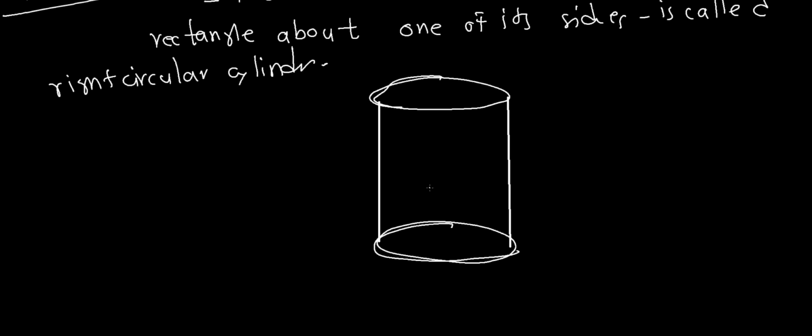If we say this is a cylinder, the center of the base circle is O dash and the center of the above circle is O, and the axis of the cylinder is the line joining the two. Now what is a solid generated by revolution of a rectangle? Where is the rectangle here? We can draw a rectangle inside the cylinder like this.